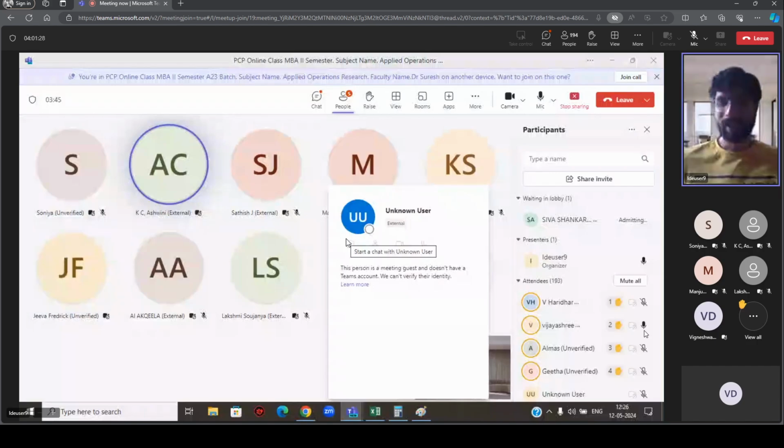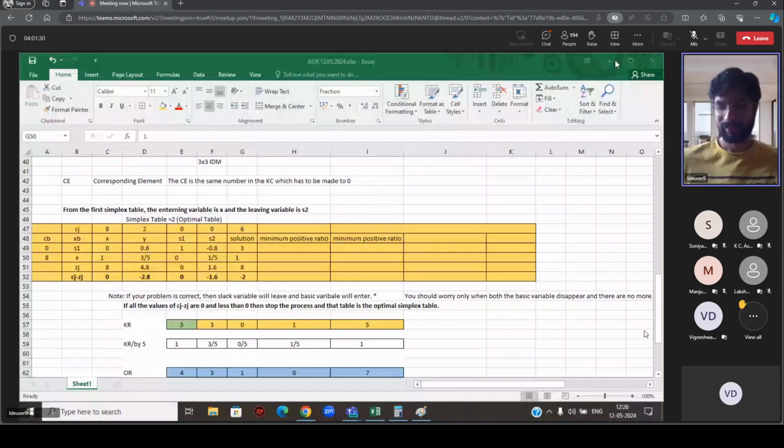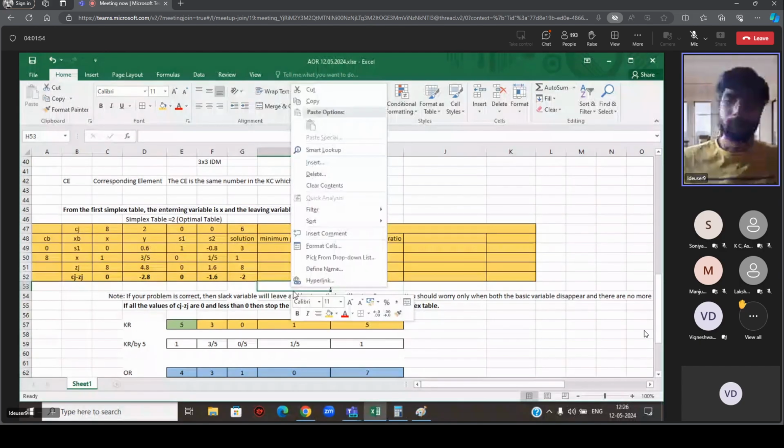Okay, listen. You see here, this is the table. In this table, all the Cj minus Zj values are 0 and less than 0. When all the Cj minus Zj values are 0 and less than 0, the table is optimal.